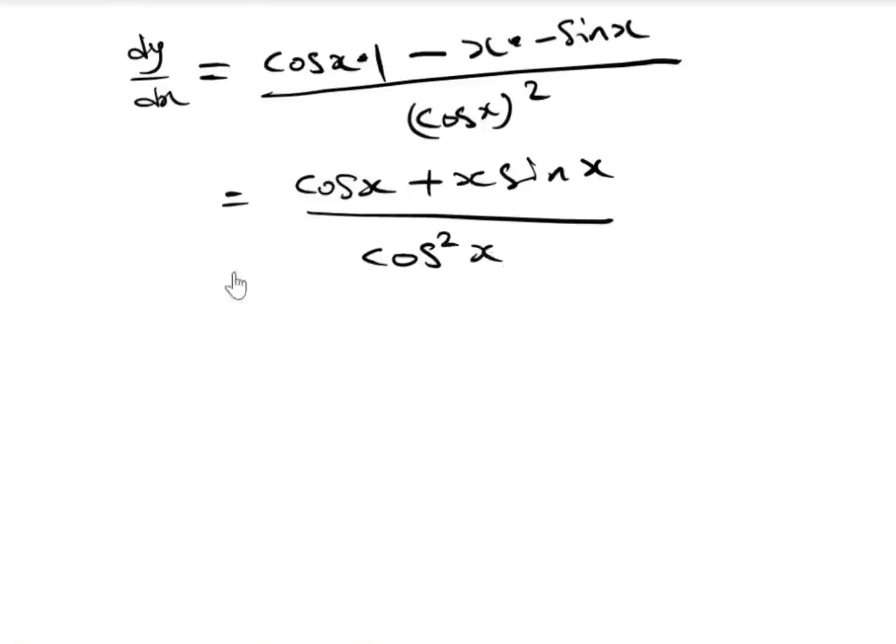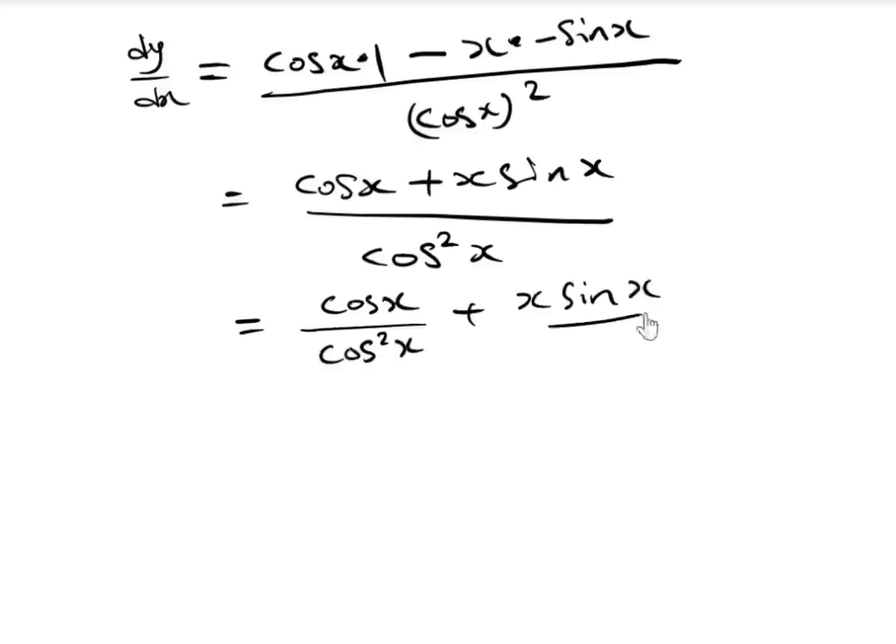We can decide to simplify further, and this is same thing as cos x divided by cos squared x plus x sine x divided by cos squared x.